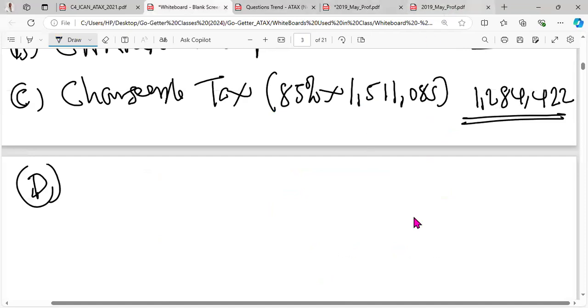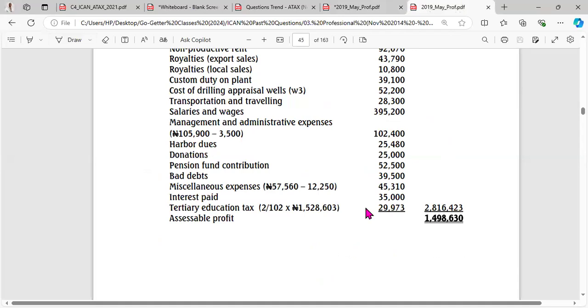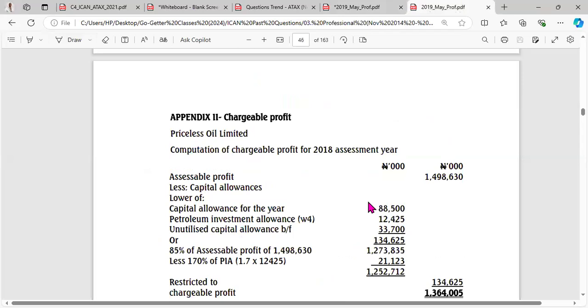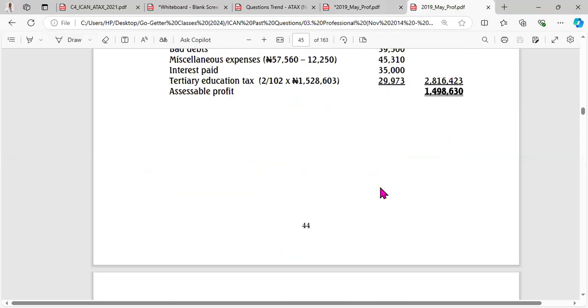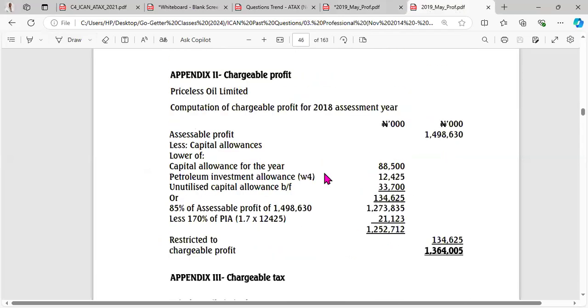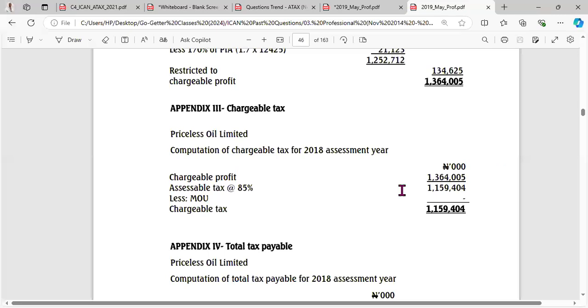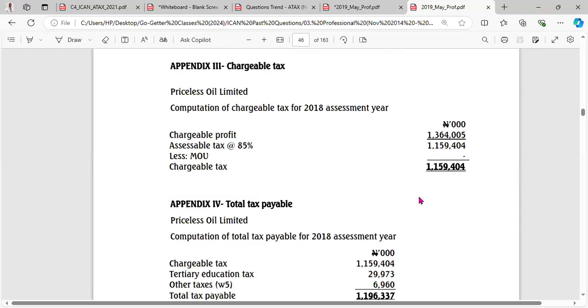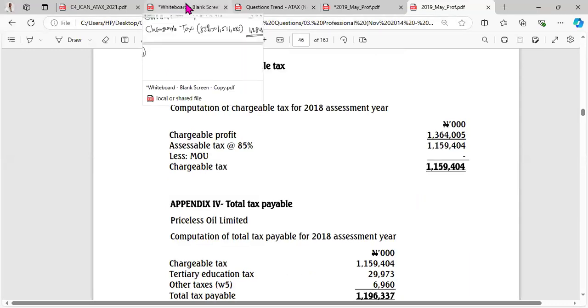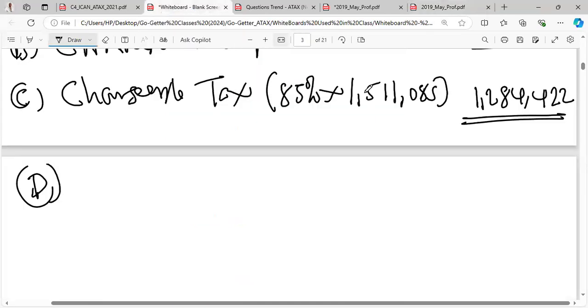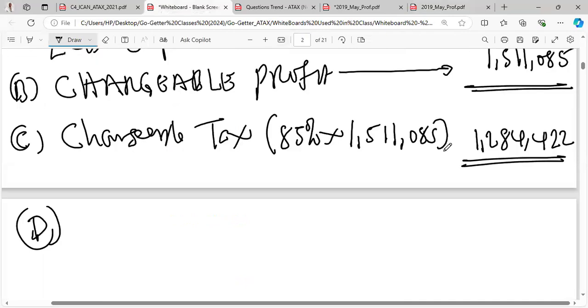Let's even see what they got here. Okay, there's no MOU, so there's nothing to the chargeable tax.